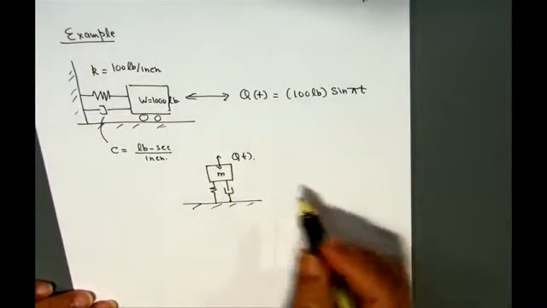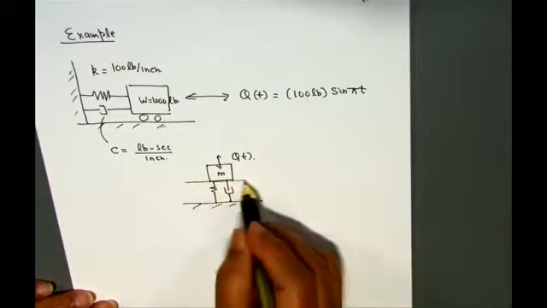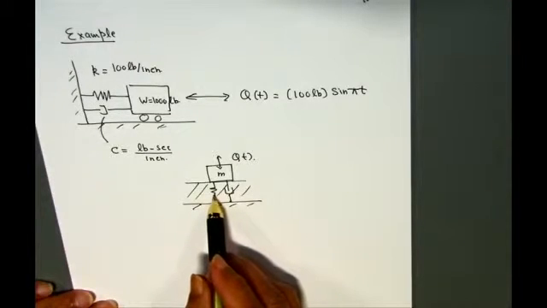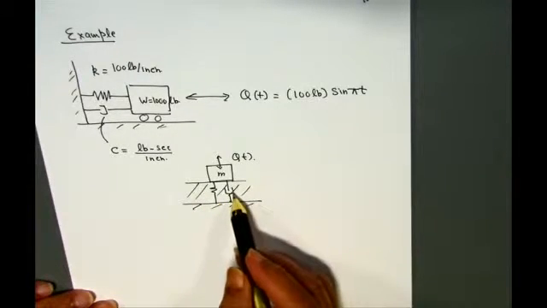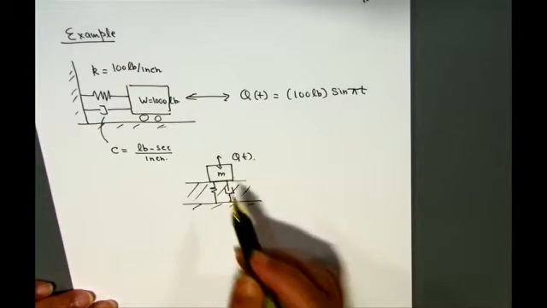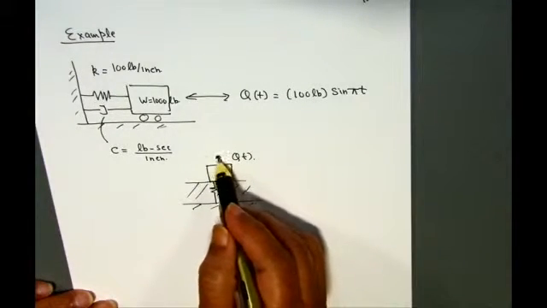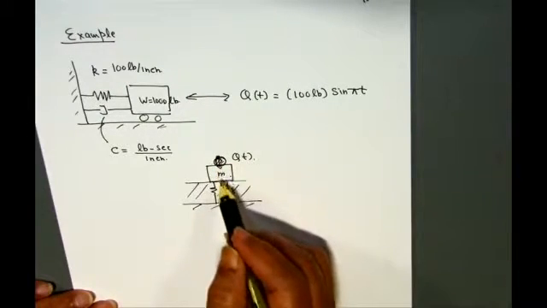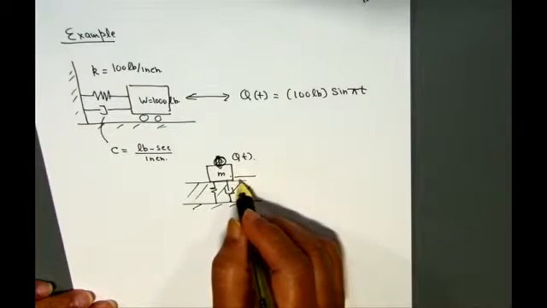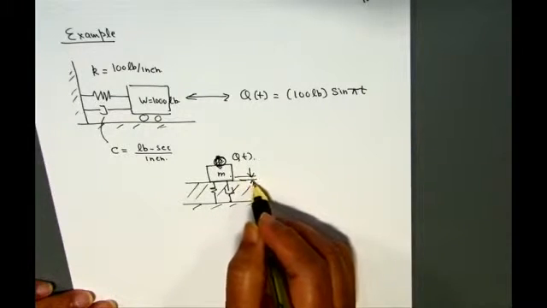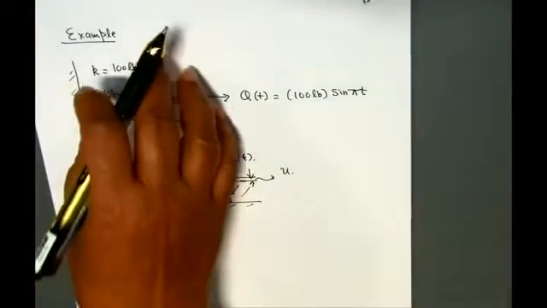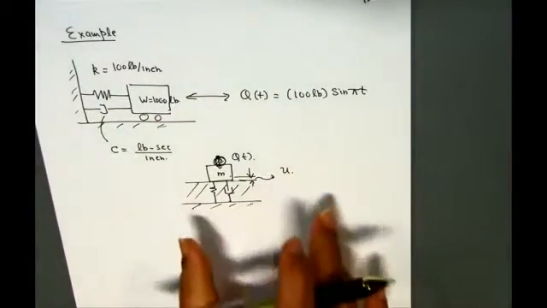It can represent a foundation, and this can represent the soil, and the spring represents the stiffness of the soil, the damper represents the damping property of the soil, and the mass may be represented by a motor which is resting on this foundation. We are interested in calculating the maximum displacement this foundation will be subjected to, because we have to design that. So, these are not hypothetical problems, these are really design problems.